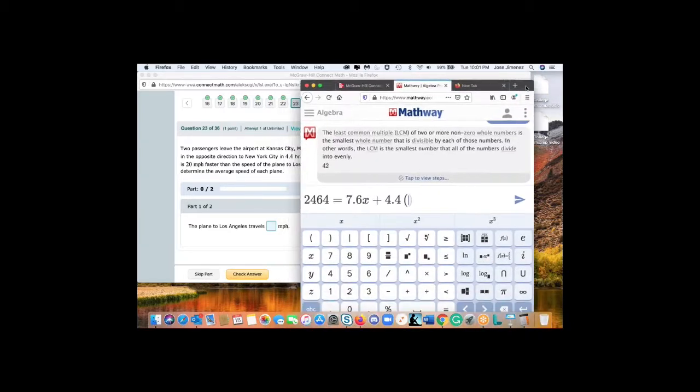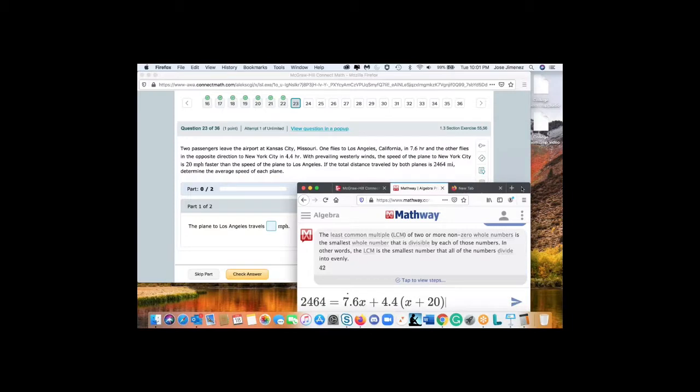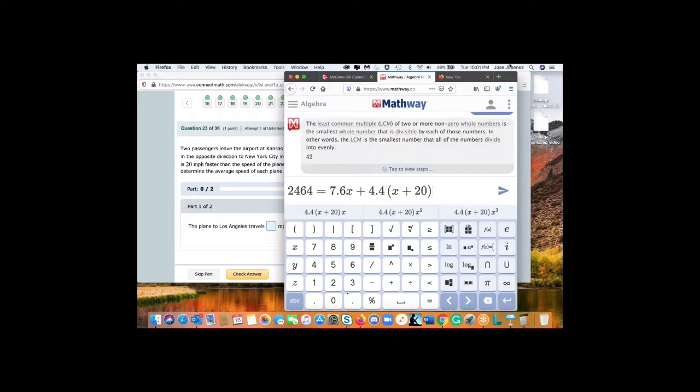Faster means it's the same speed plus 20, because the winds favor the plane going to New York. So they say the speed of the plane to New York City is 20 miles per hour faster than the speed of the plane to Los Angeles. That's all we need.